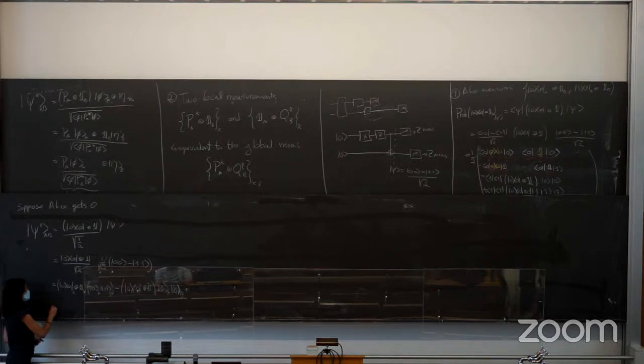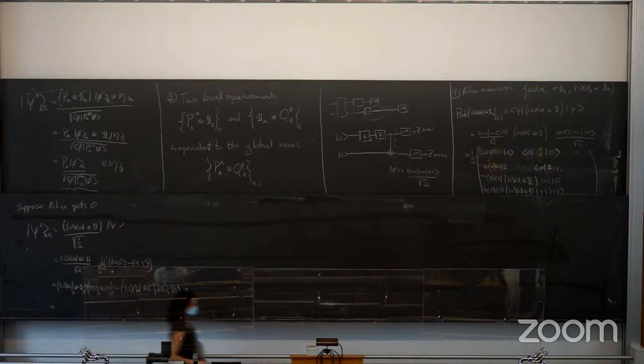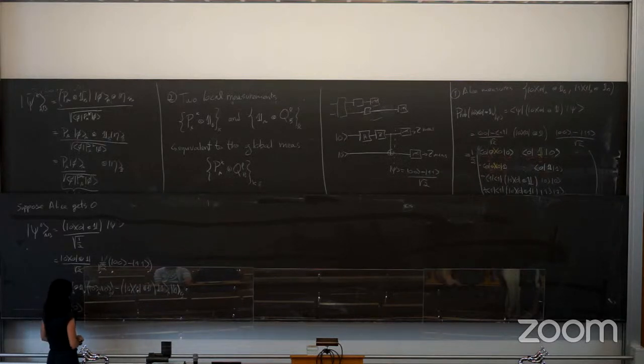So again, we look at the rule that I just erased. So it's this acting on the first one. So it's 0, 0 acting on A. Tensor the identity.